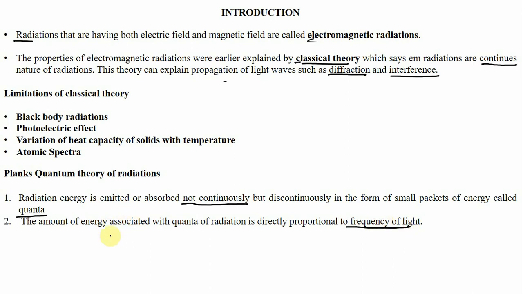So if nu is the frequency, according to this point the energy is directly proportional to frequency, or if we remove the proportionality sign, we can write E equals h nu, where h is a constant called Planck's constant.